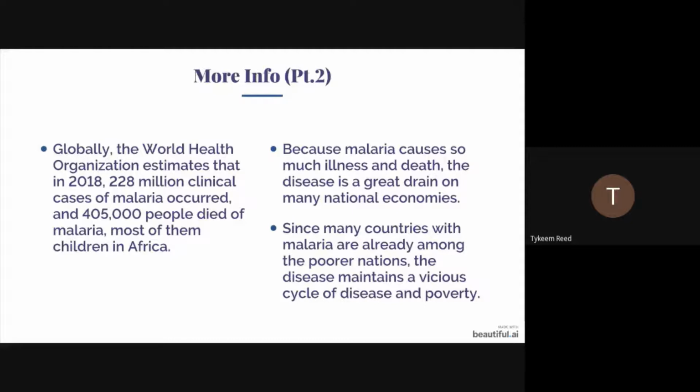And just to speak on that a little bit, it's also in richer nations. Here, we have cases of malaria, but we have doctors and healthcare and the CDC and the FDA and all these organizations, and we have the equipment to come up with cures for diseases, and not a lot of countries have that. So those are the most hard-hit countries, not just Africa, but some other countries that have it too.